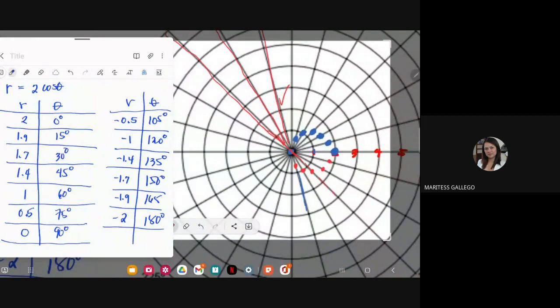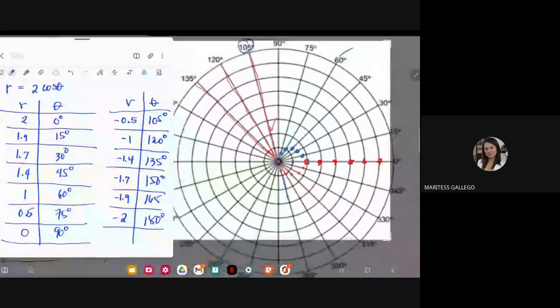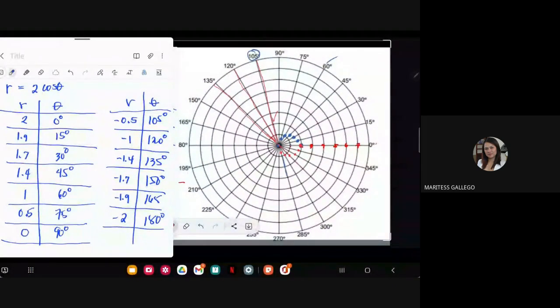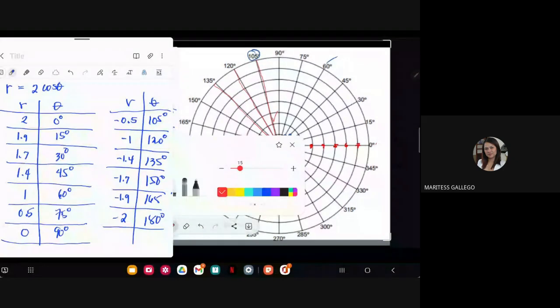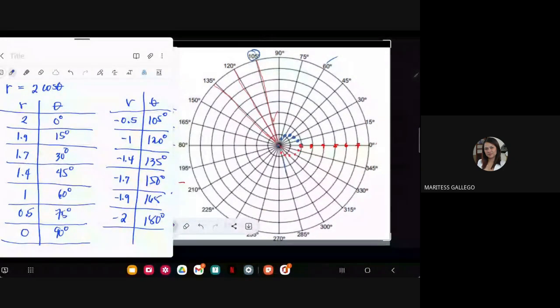And then you have now your 2. So, yan. Okay? Bumalik siya dito. So, therefore, yung graph natin is a circle. So, pag ititrace natin siya, so this is now our graph. Ito yung polar curve.